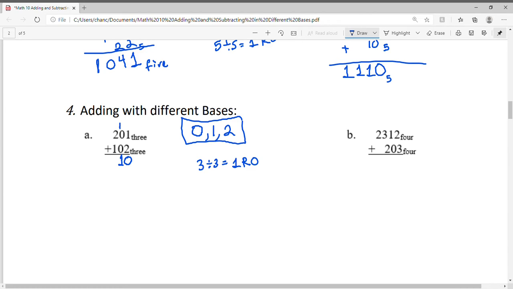And then 2 plus 1, that gives me 3. But 3 doesn't exist, so we'll put a 0 and carry 1 three over. So 201 base 3 plus 102 base 3 is 1010 base 3.